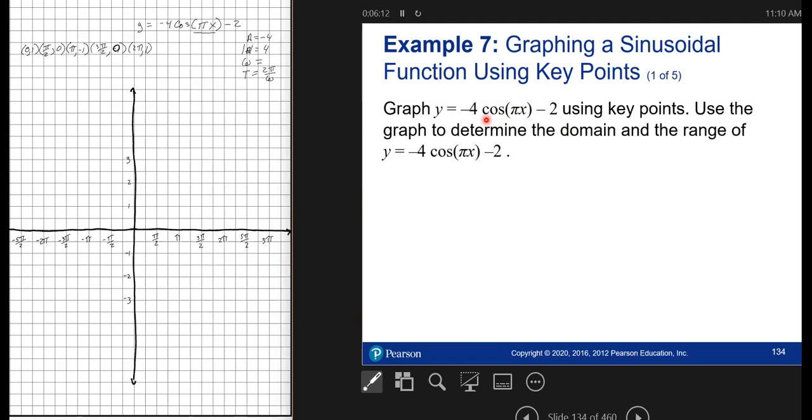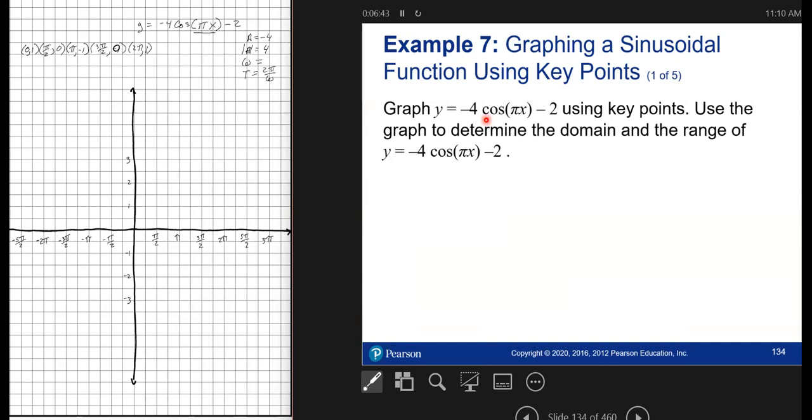And what's omega? I want to say pi. It is.